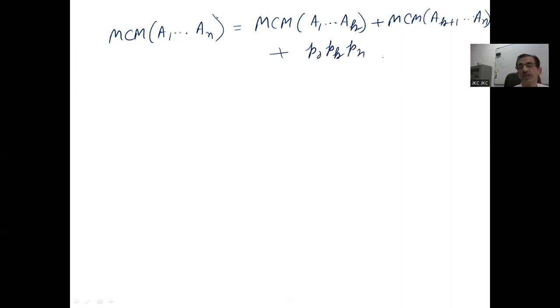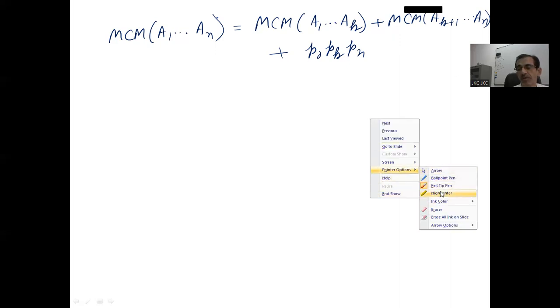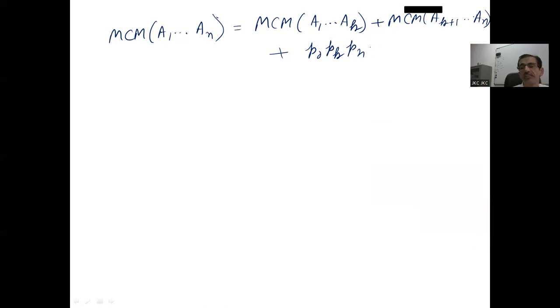This value I can easily calculate without much of a problem, directly from the P array, and the other parts are recursively solvable. So now I have my solution requiring two sub-problems.